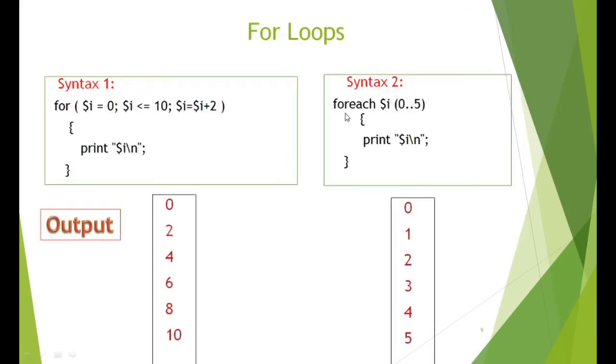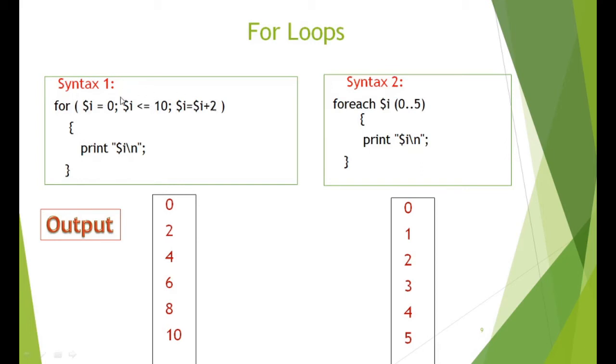Now the syntax for the for loop. This is similar to C programming. For $i = 0; $i <= 10; $i = $i + 2, and then you have the loop statements here, the statements to be executed repeatedly. Here this is the initialization, this is the testing condition, and this is the increment part.